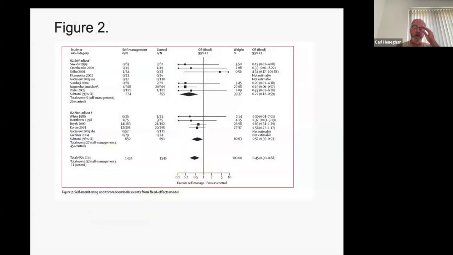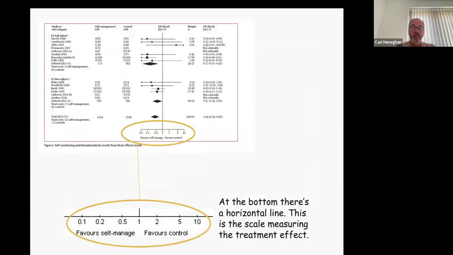Now, here's figure 2 in the paper. This is self-monitoring and thromboembolic events from a fixed effects model. Now, some of you may have seen this before, some of you may be happy with this, but we're just going to walk slowly through it. First, at the bottom, there's a horizontal line.